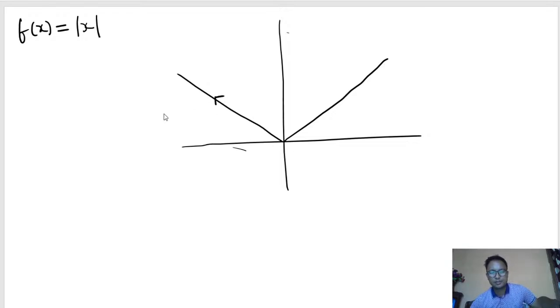The definition of modulus of x is not hard: its graph is f of x equal to minus x on one side and f of x equal to x on the other, right?